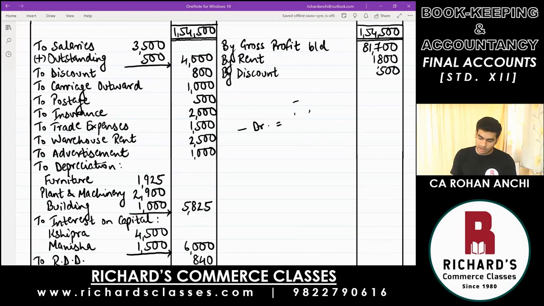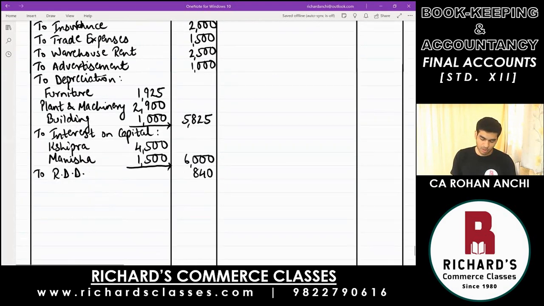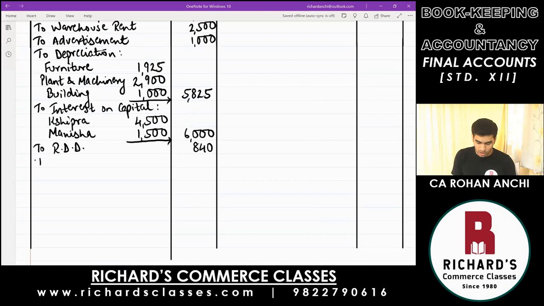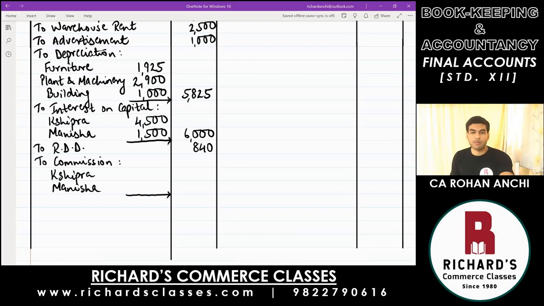Okay. Now that we have gross profit, we can calculate commission, which has to be given to the partners. And that is an expense for the business. So one effect, profit and loss account debit side, write down to commission. The commission amount is going to be same for both the partners, Shipra and Manisha. Now, to find out the amount, it is said in point number 4, it is 1% of gross profit.